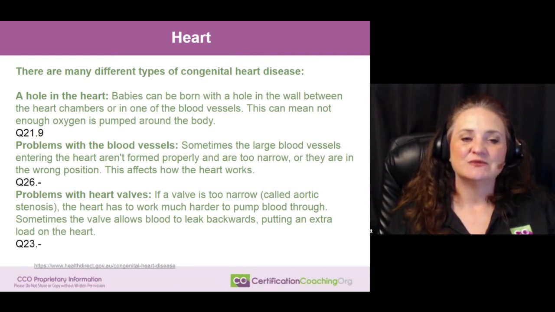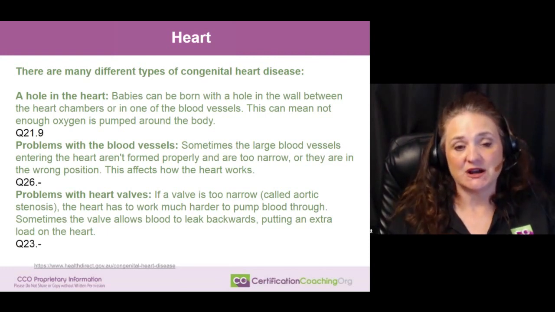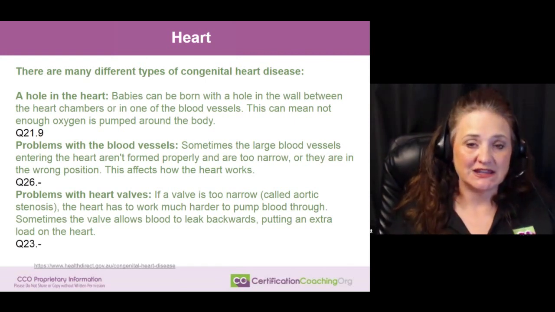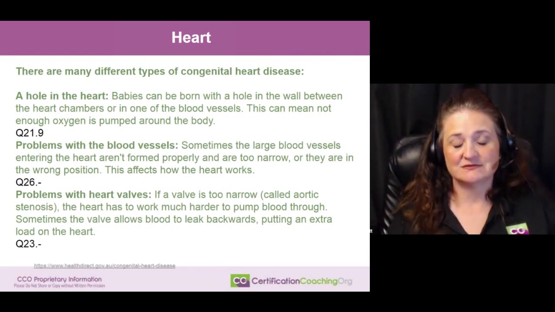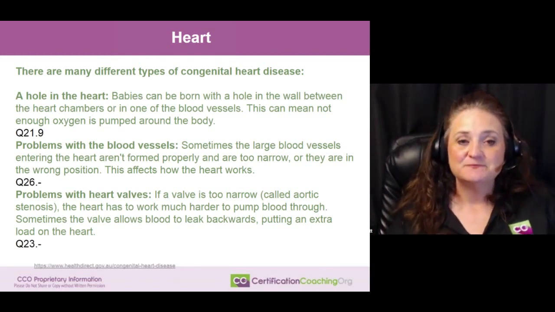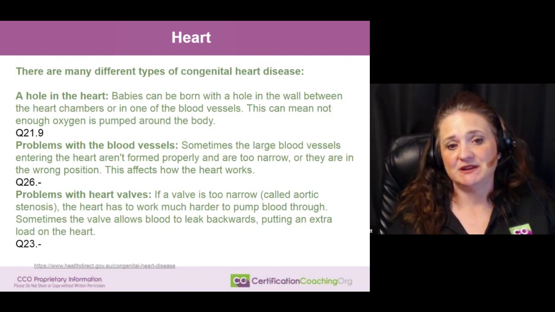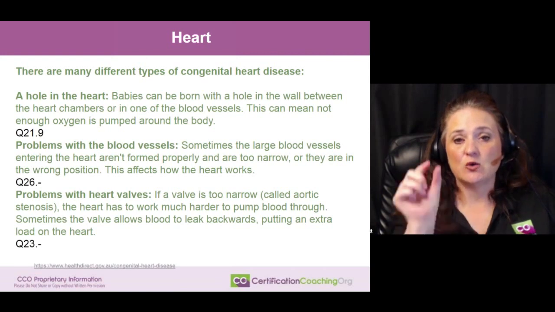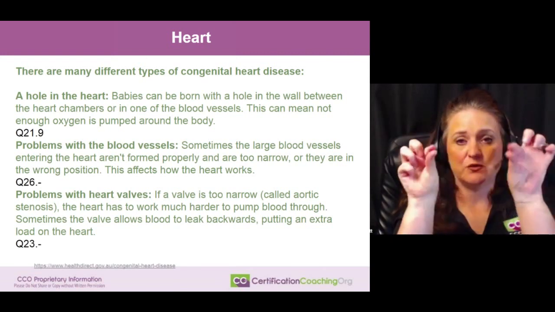Anyway, the first one that's pretty common is a hole in the heart. Now, this hole in the heart, and I've got lots of pictures. A hole in the heart can happen in several places. Ultimately, what happens is you're either going to have a hole between the atrium. So you've got the four chambers of the heart.